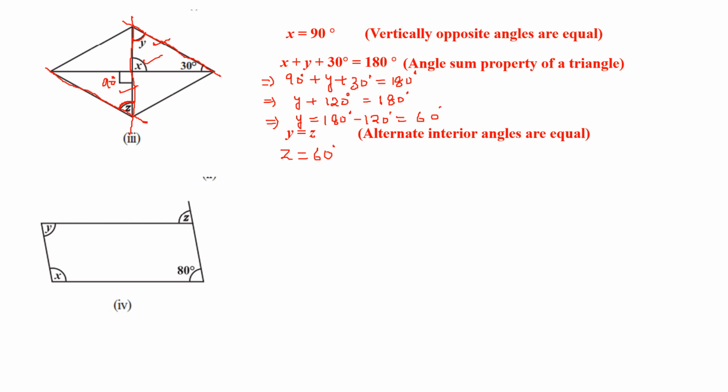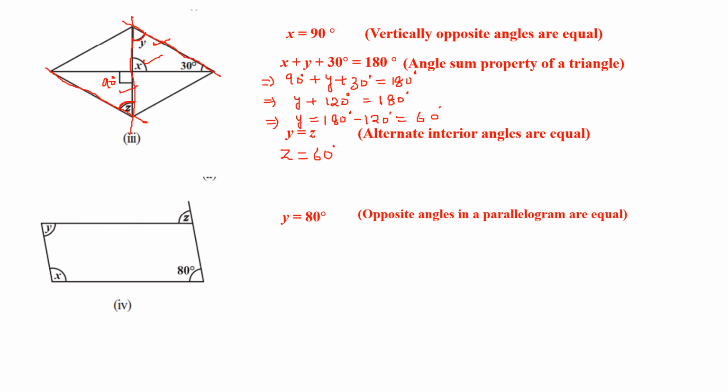Now in the next question also you have to find the value of x, y and z. Okay. So if you see here, one of the angle measures is given as 80 degree. So if this is 80 degree, the angle opposite to it will also be 80 degree. So the value of y will be equal to 80 degree because opposite angles in a parallelogram are equal, isn't it?